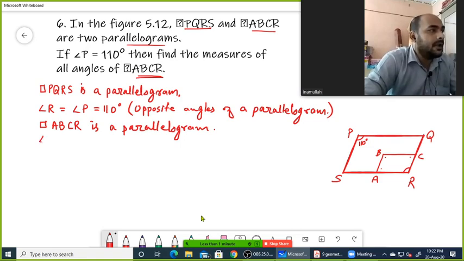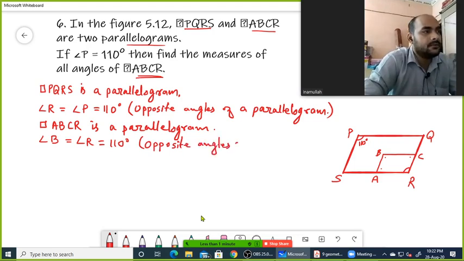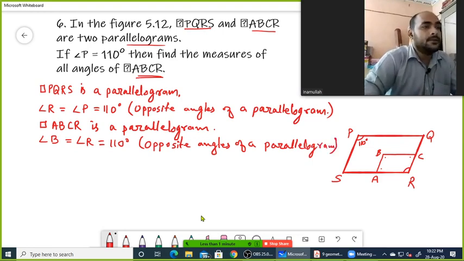So angle B should be the same as angle R and each will be 110 degrees. Again we can use the same reason, opposite angles of a parallelogram. So we have angle B as 110. This angle R is also 110.